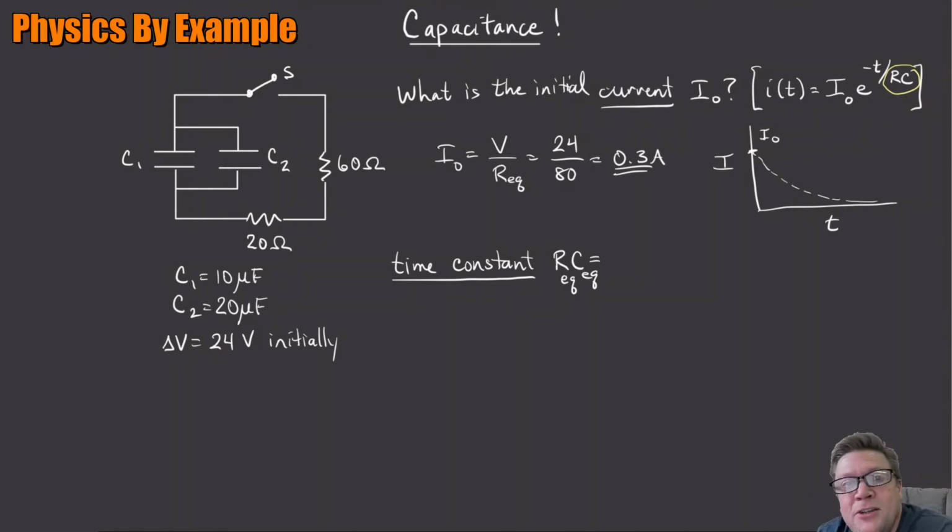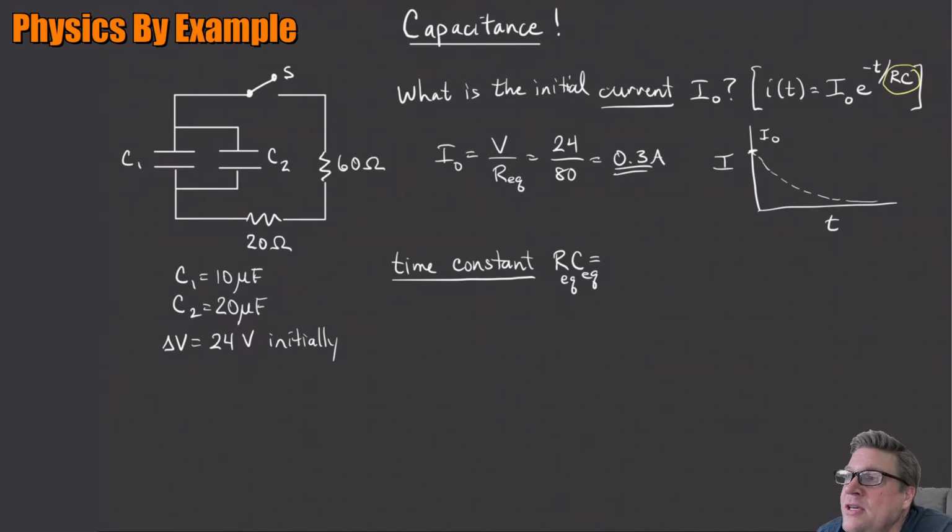That combination, it's not obvious, but it has units of seconds. It kind of has to, because look up there in the exponential. The exponential has to be unitless, so if there's a t on the top in seconds, the combination RC has to have units of seconds on the bottom. But probably the first time you saw RC together, it wasn't immediately obvious that it has units of seconds. If you put the definitions for the units in there, it's going to work out that way. But that's kind of cool.